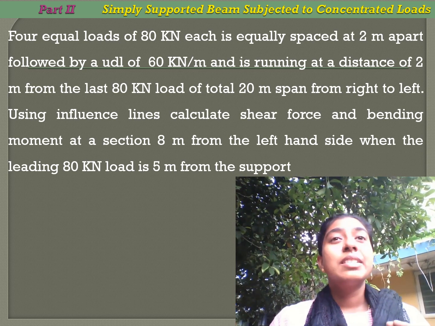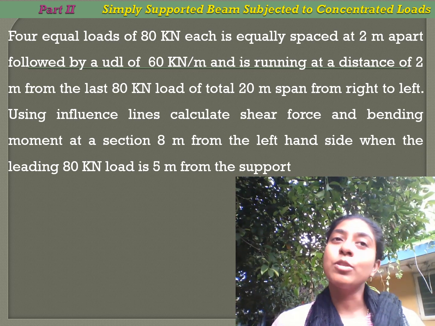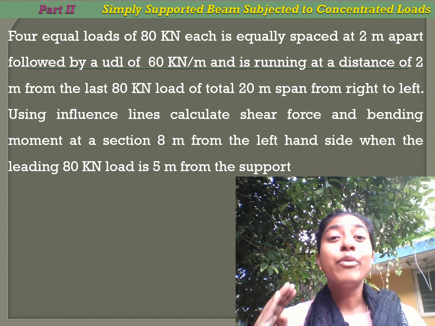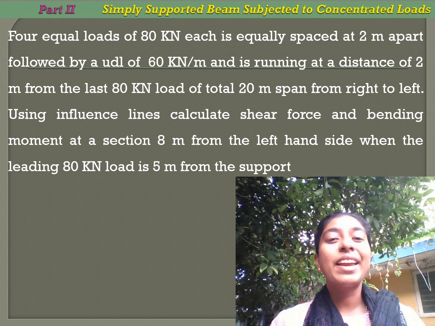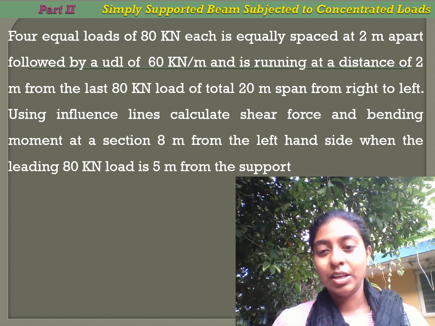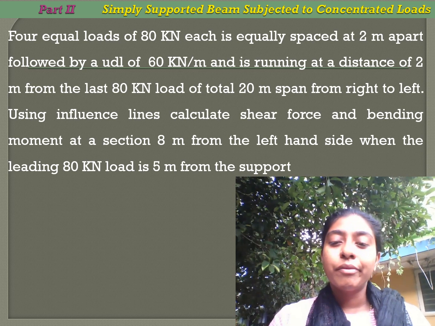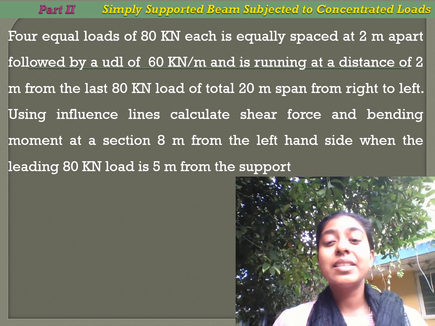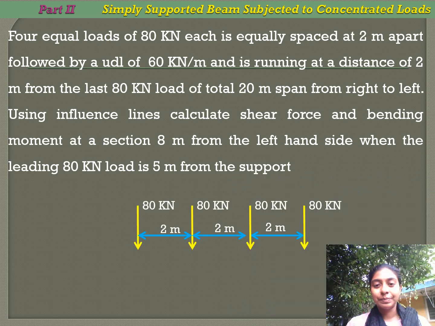So, the first condition given is that the supports are simply supported. Now the loading conditions are 4 equal loads of 80 kN each, equally spaced at 2 meter apart. So now we will draw 4 numbers of 80 kN loads placed at a distance of 2 meters apart.